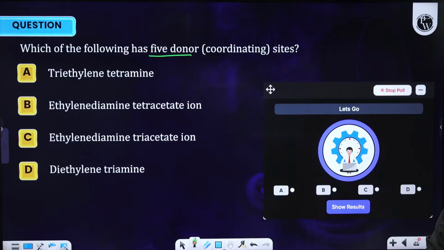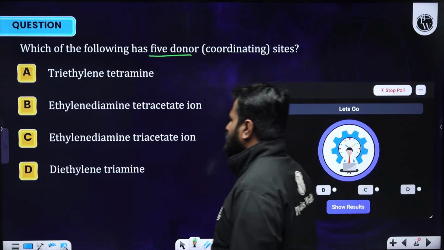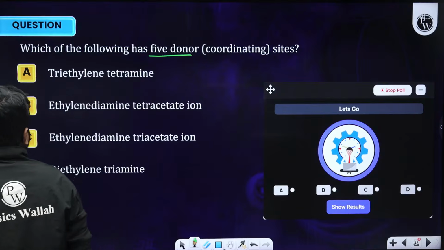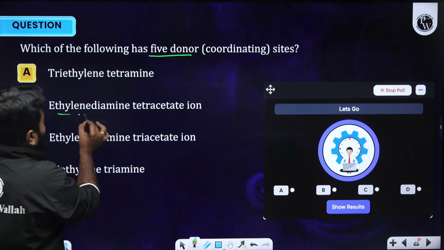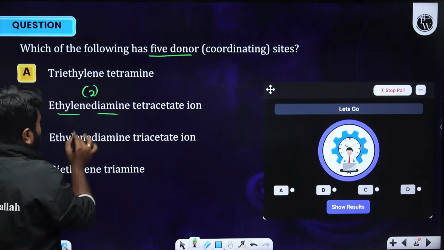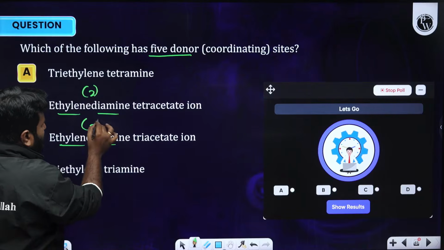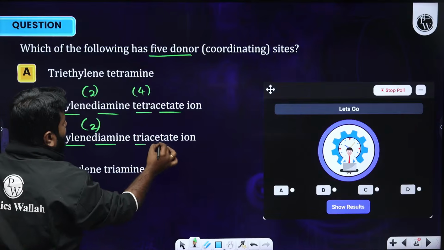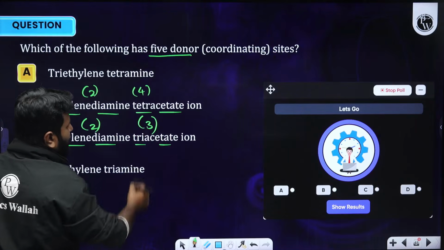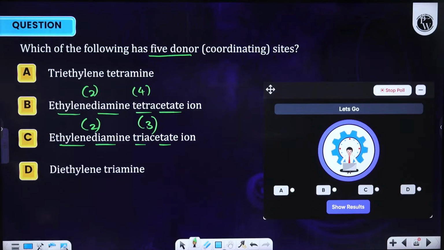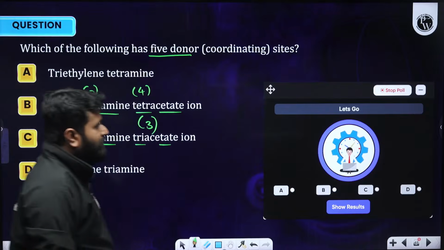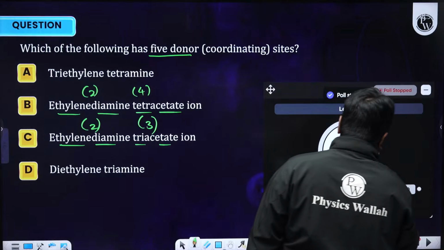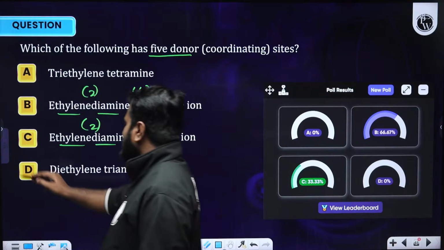One person says B. Ethylenediamine, 2 will be there. Tetraacetate ion, 4 will be there. Triacetate ion, 3 will be there. Now tell me the correct answer. Option C is the correct answer.